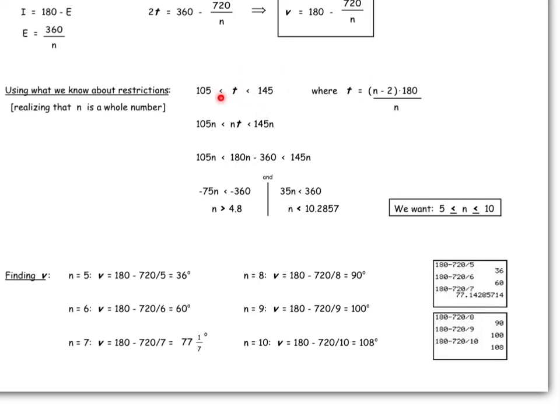And then we plugged into the formula up here that's a little bit obscured possibly, and we got the 36, the 60, 77 and 1/7, 90, 100, and 108, exactly the same way we did on page 5. So you have to decide whether writing formulas and finding restrictions is more interesting to you, and then the answer becomes very, very quick and simple.